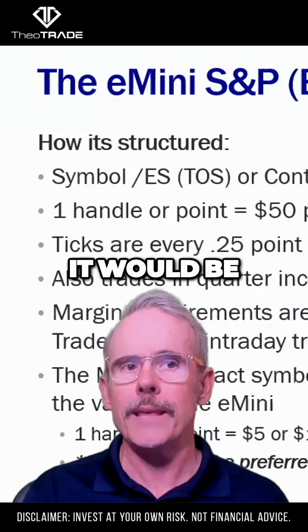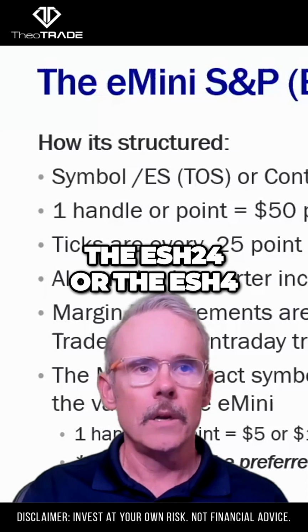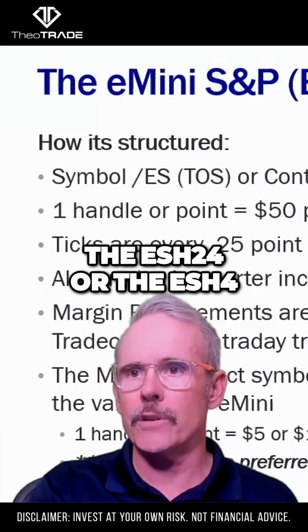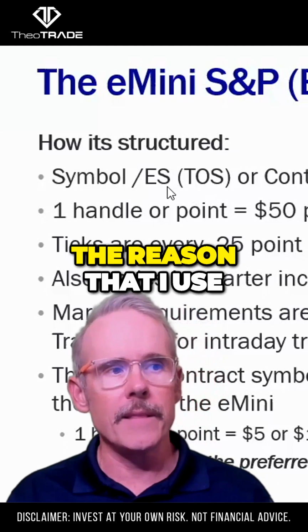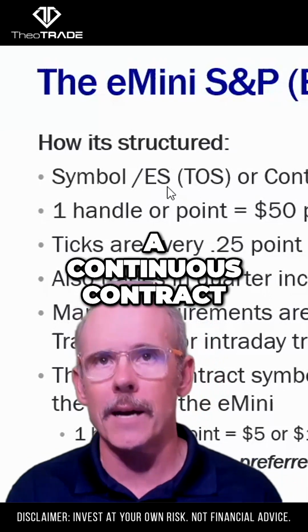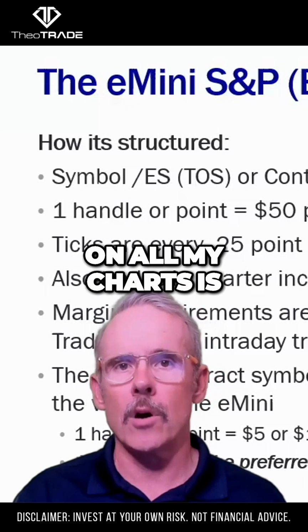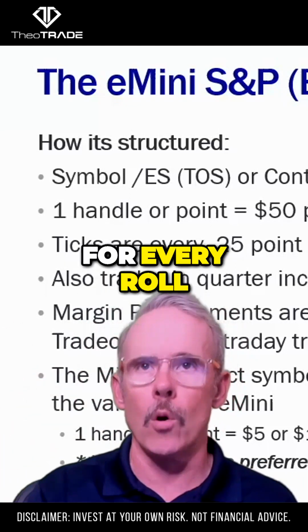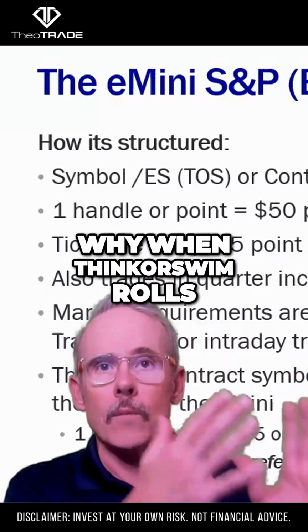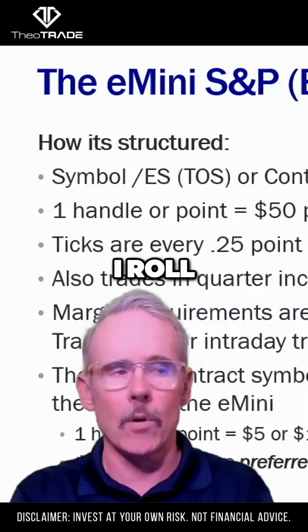So in this case, it would be the ESH24 or the ESH4 on Tradovate. But you get my point. Now, the reason that I use a continuous contract for the ES on all my charts is so I don't have to recreate my charts for every roll. Okay, and that's why when Thinkorswim rolls, I roll.